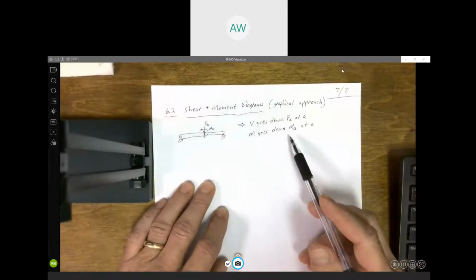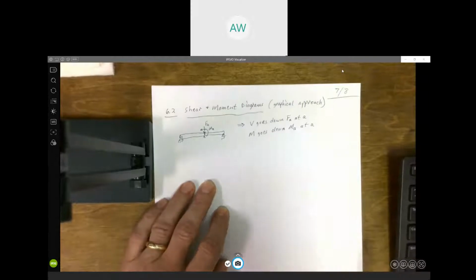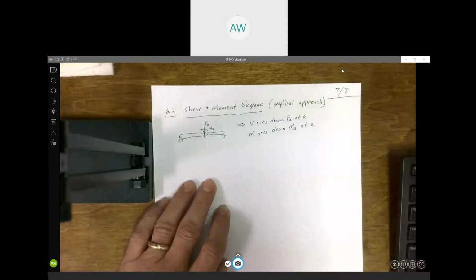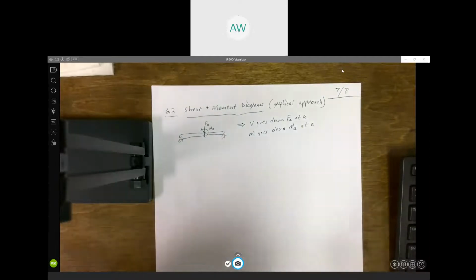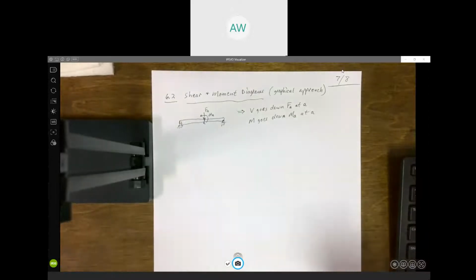The moment diagram is going to go up, whatever the magnitude of M_A is. Right? And so that's what we went through and proved on Monday. And we're going to use that along with what we're about to talk about coming up next.